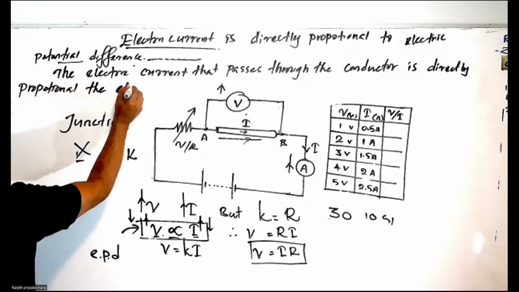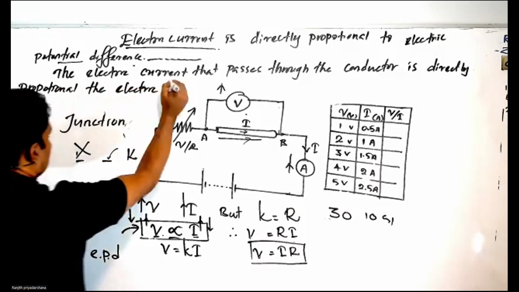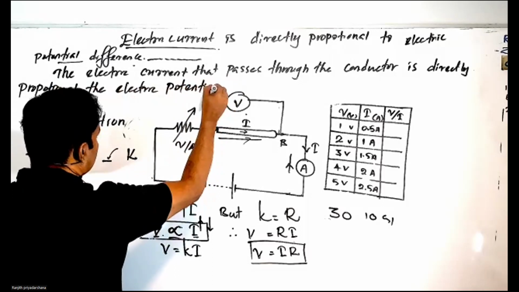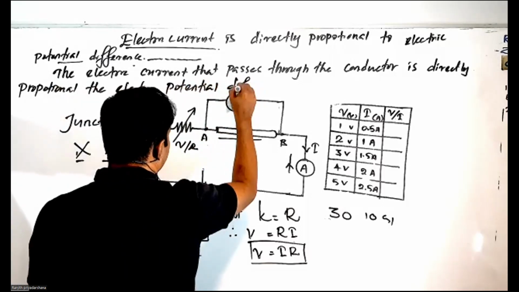The electric potential difference is directly proportional to the electric potential difference.